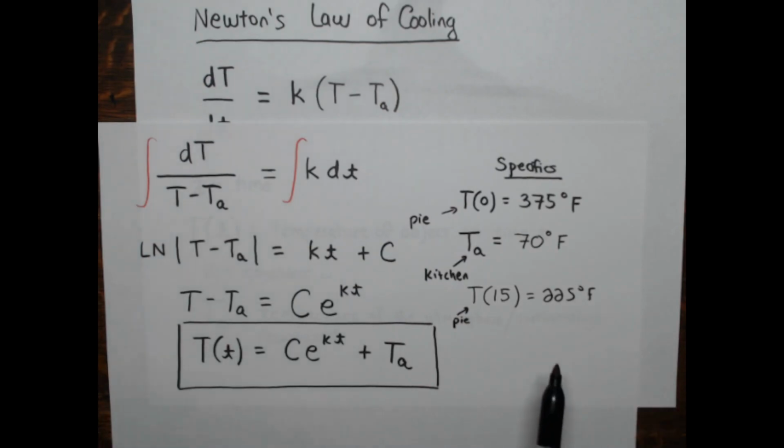So they gave us all this information. I can use this to find C and K. If I can find this constant C and this constant K, and we already know TA is 70, then we can answer any question they want.